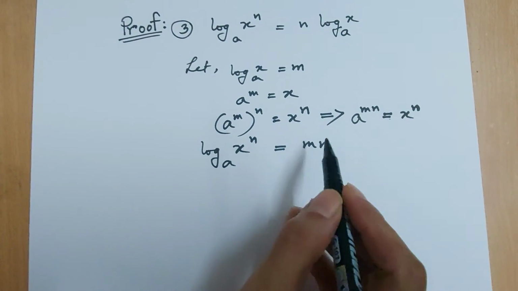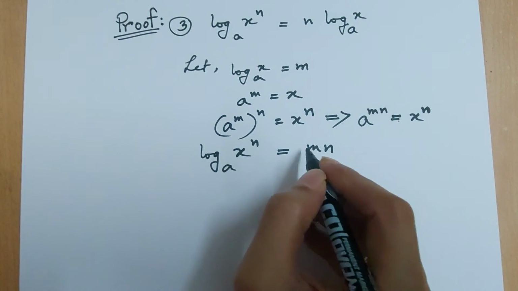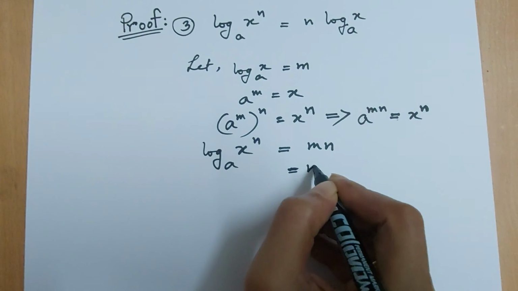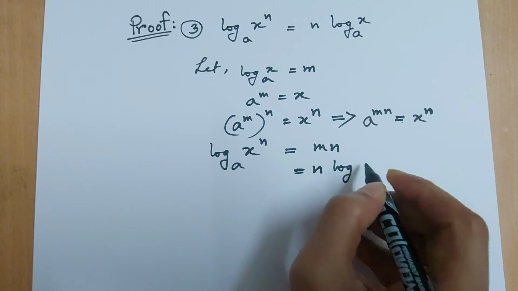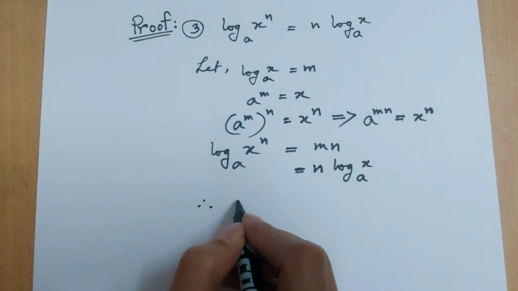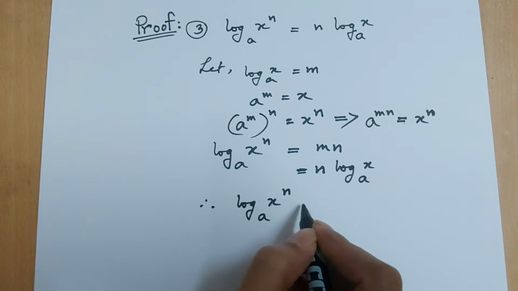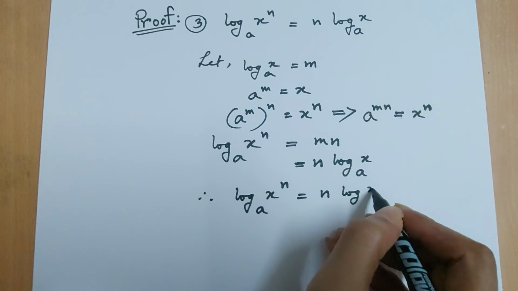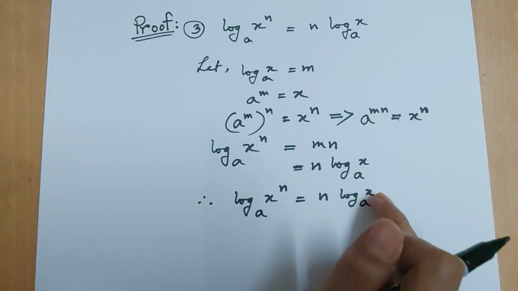And we know m equal to log x to the base a. So we can write n times m, that is, n times log x to the base a. So you have found log x power n to the base a equal to n times log x to the base a. The power will be placed in front of log x to the base a.